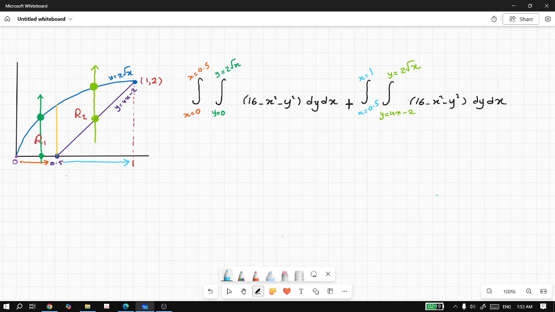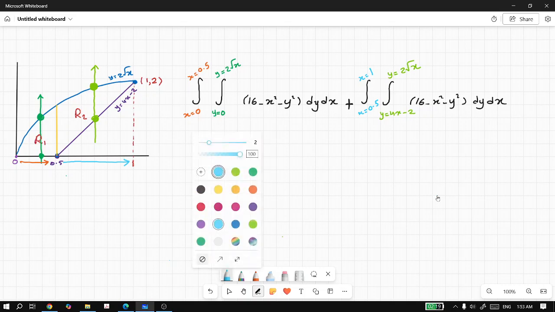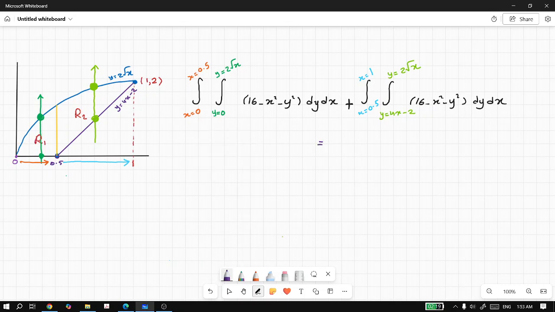But still, when you solve this integral with respect to y first, then with respect to x, you must get the same result that we got, which is approximately 12.4, like the previous one. So solving dy dx or dx dy doesn't make a difference. Only the limits of integration change, while the result still remains the same.